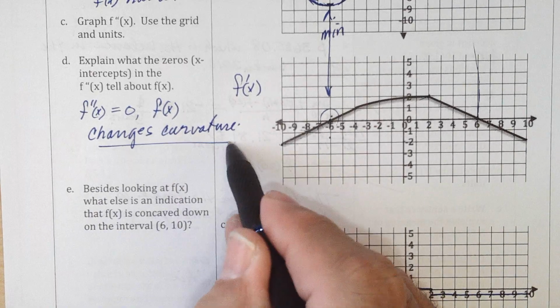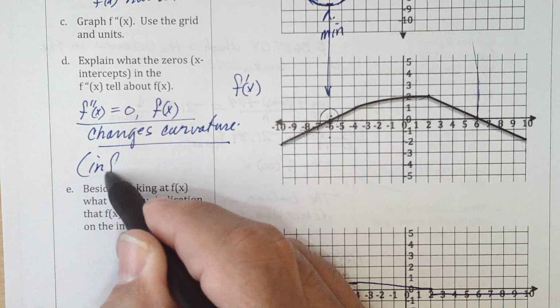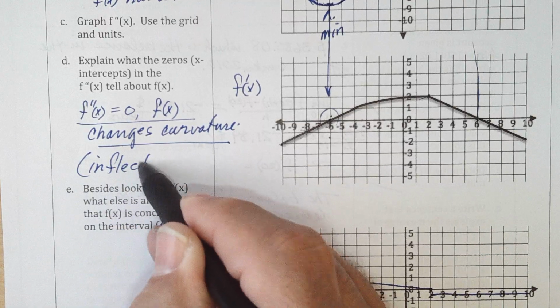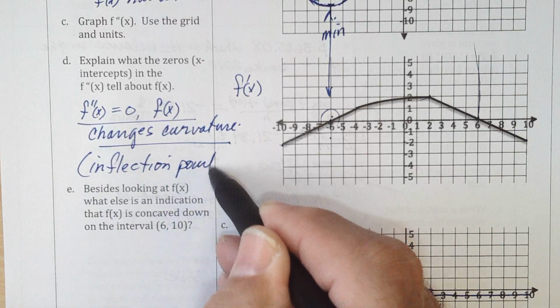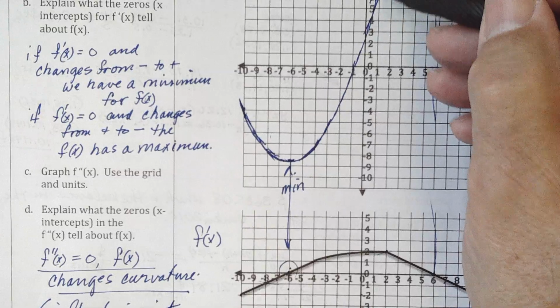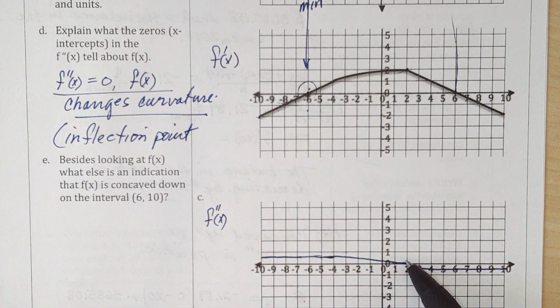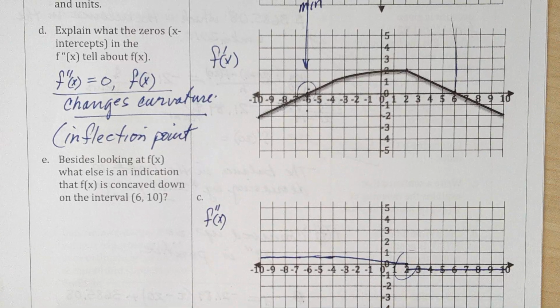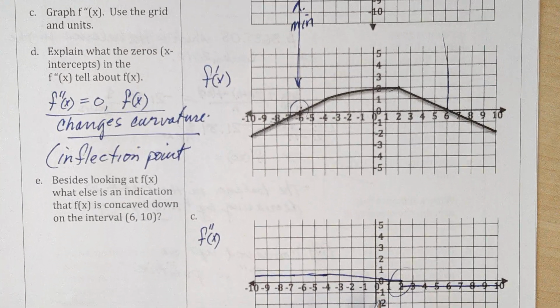Okay? That point is called an inflection point, where the curvature changes, and it looks like it changes somewhere around in here. Now, according to this, it's going to happen right at 2. I may have been off a little bit here, may need to fix my curvature.